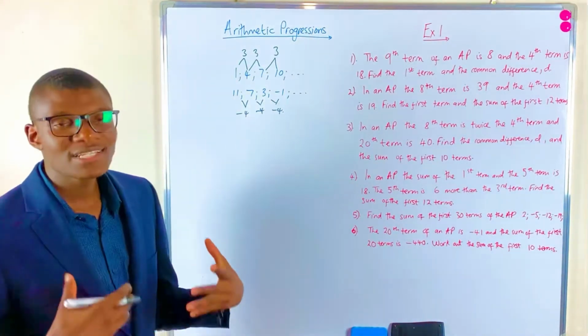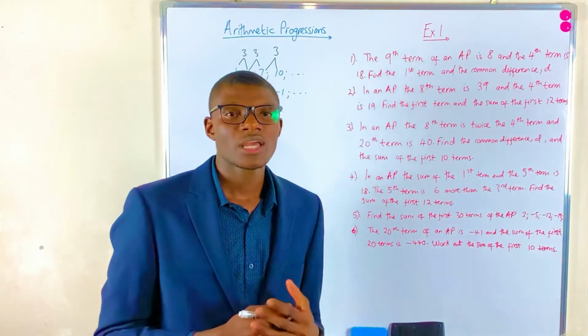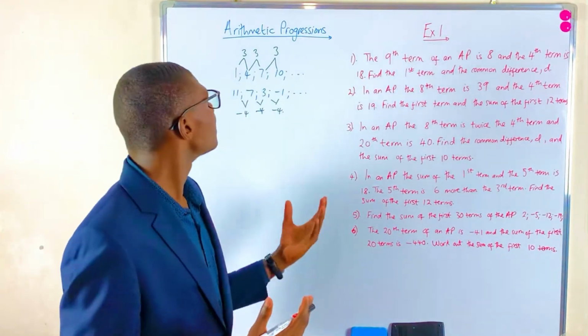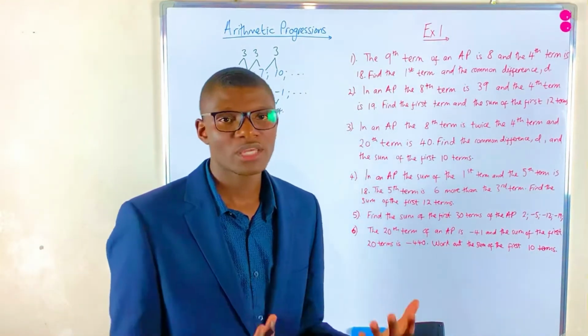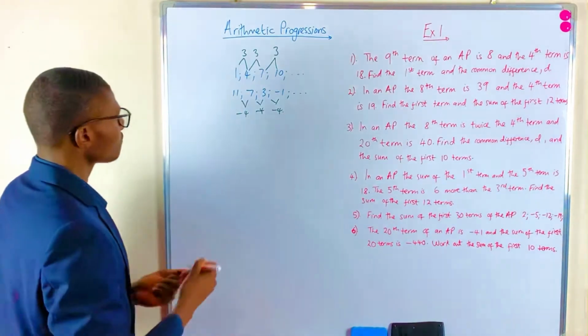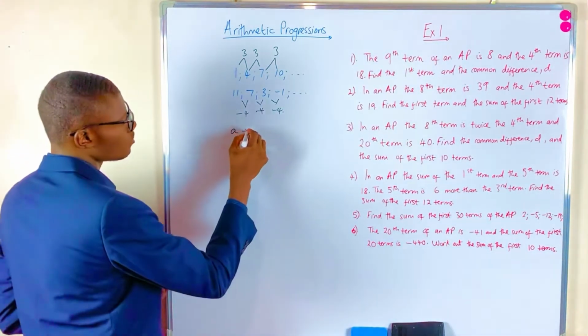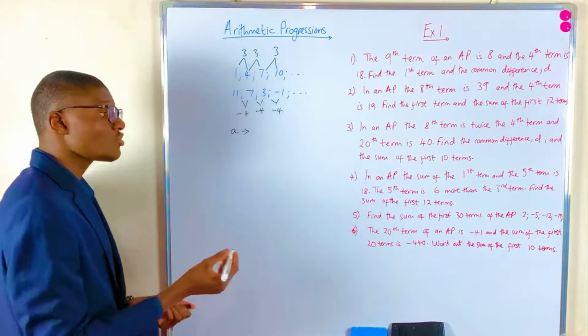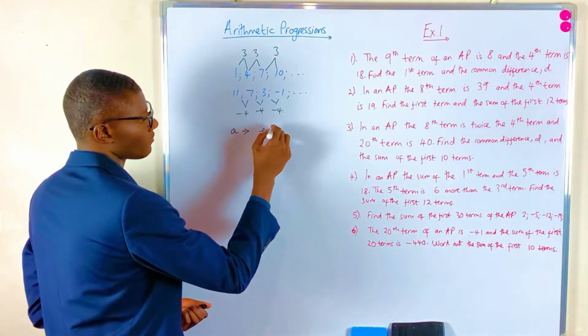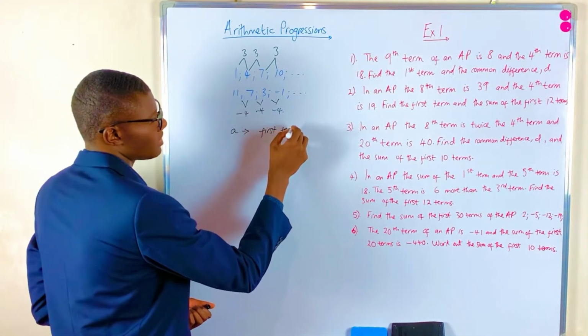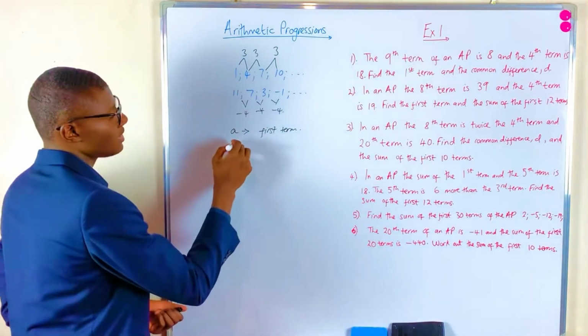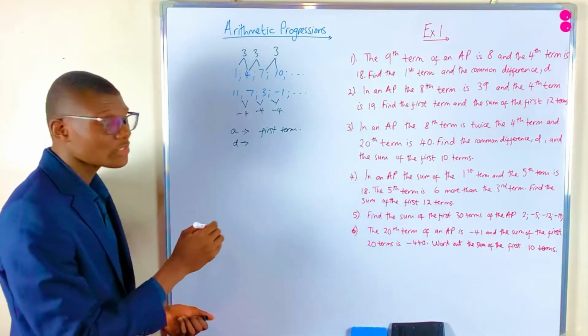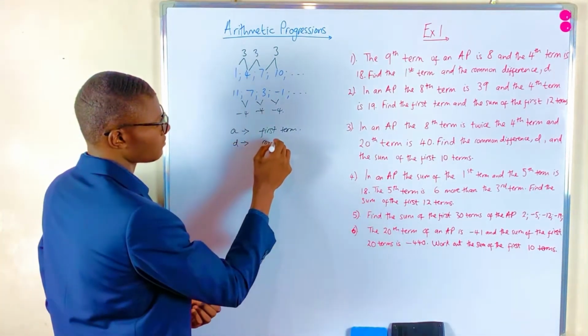There are certain specific letters that are used when denoting or talking about arithmetic progressions. Firstly, the letter a is used to represent the first term, and the letter d is used to denote the common difference.